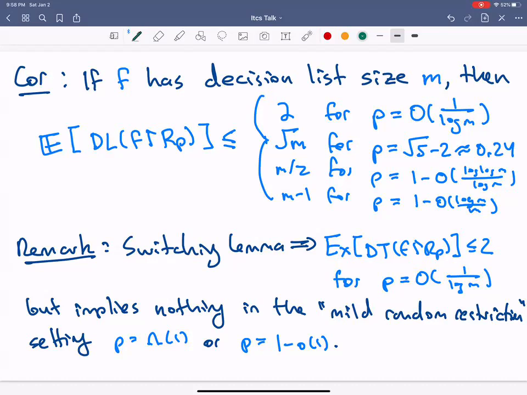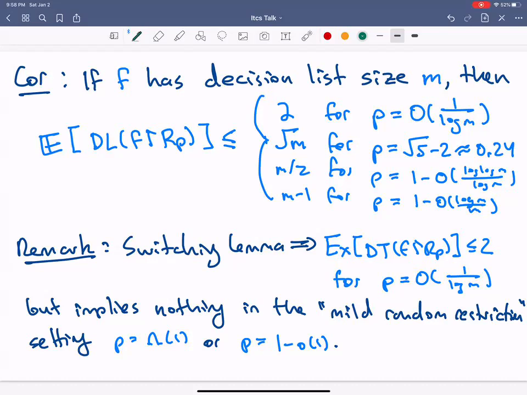However, the switching lemma, at least Håstad's version of the switching lemma, doesn't imply anything when P is larger than 1 over log M. So in particular, it doesn't imply anything in the regime where P is constant or close to 1.